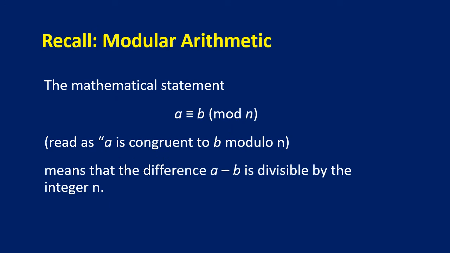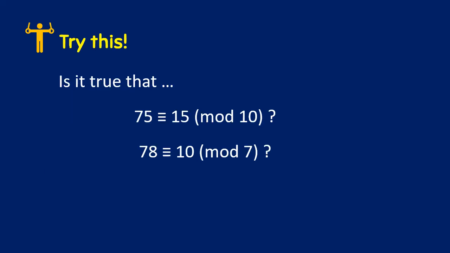Again, I just have the slide here for modular arithmetic. We already discussed this in the first module, when we did our patterns. Anyway, let's just try if you still remember your modulo. Is 75 congruent to 15 modulo 10?